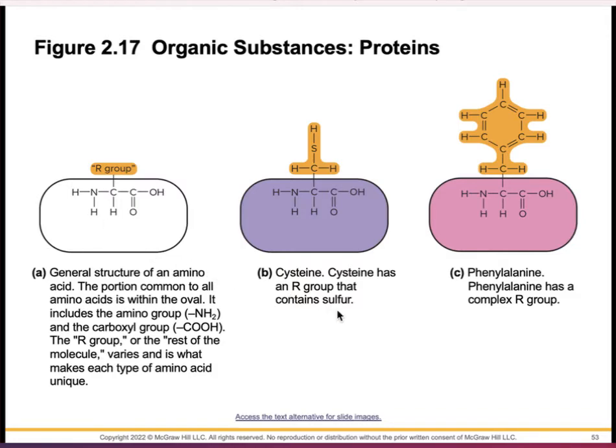Part B is a type of amino acid that we refer to as cysteine. It has the common group here, and it's going to vary with this portion. Now, C is another type of amino acid. As you can see, this is very common within the oval, but this group is what makes it different.